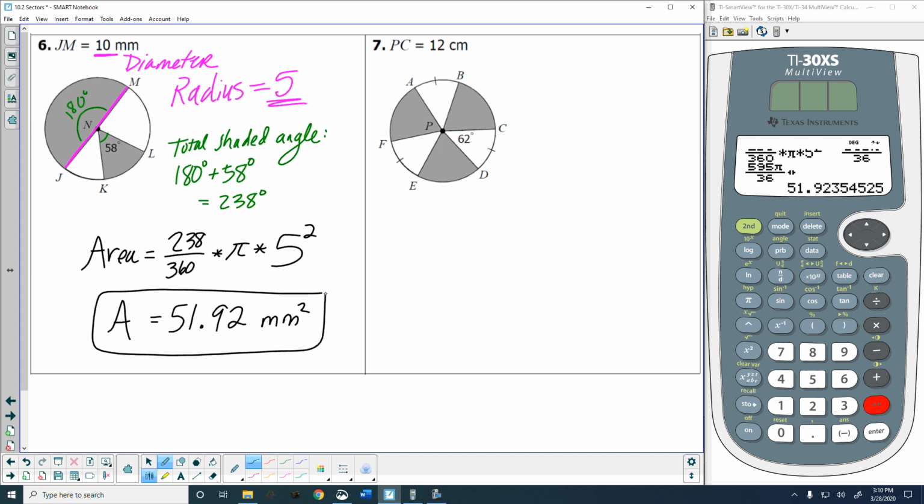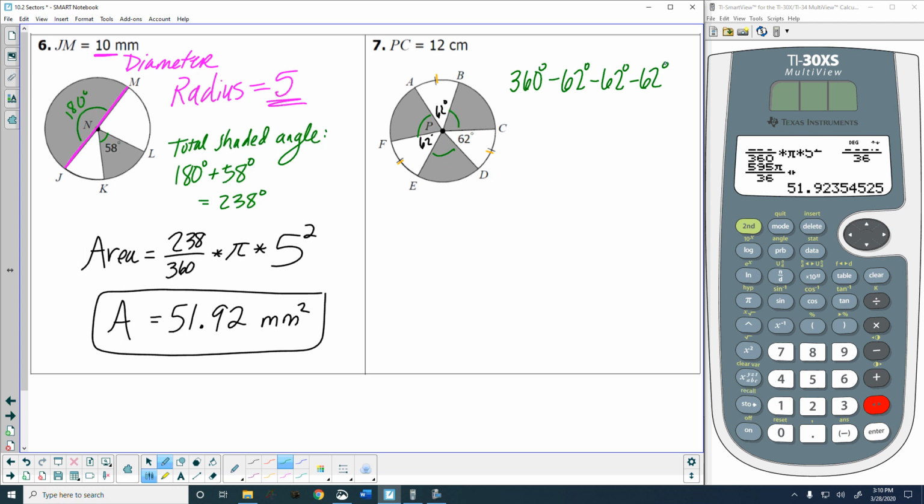Okay, last one. We have some markings on our arcs that indicate that this arc is the same as this arc is the same as this arc. Well, that means they all have the same central angle as well, 62 degrees. So if we want to know the shaded portion, it is going to be 360. Whoa, I missed the 0. 360 minus 62 minus 62 minus 62.